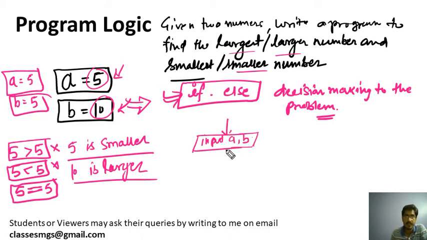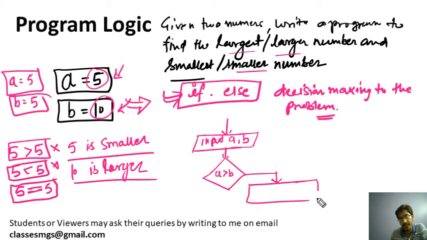Don't worry about the symbols, we will discuss them. Then what are we going to check? This is the symbol for decision making: A is greater than B. If A is greater than B, then we will say A is larger than B, if this is true.